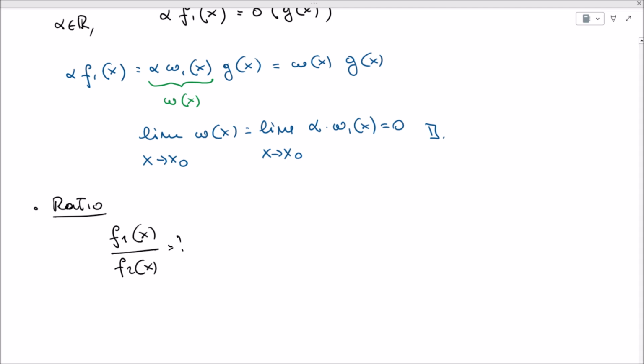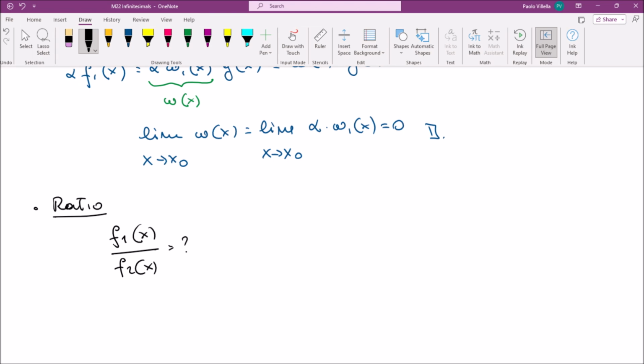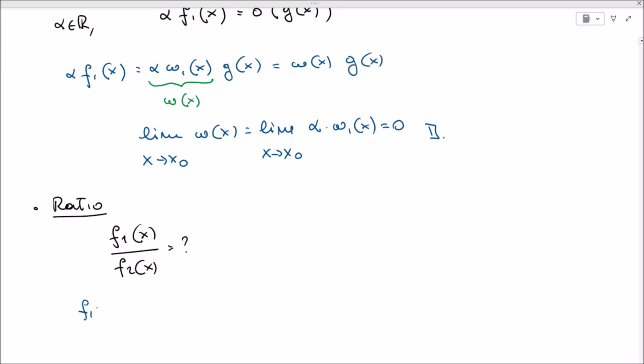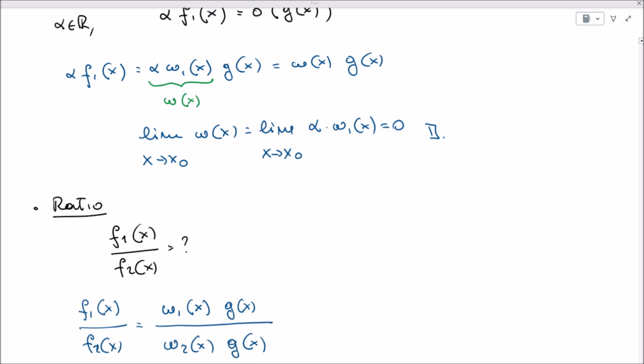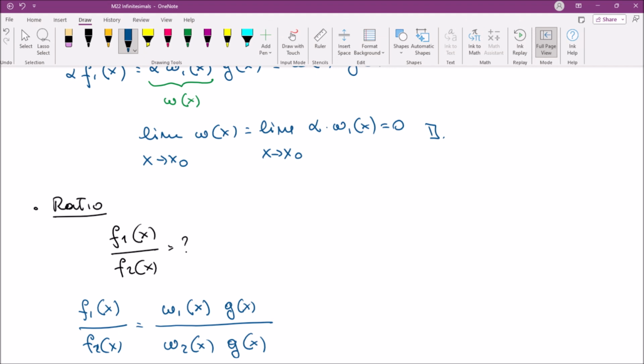Well, if we take this ratio, let's suppose that we write f1 of x divided by f2 of x by just replacing the expression that we have from the definition. So we have omega 1 of x times g of x, then we have omega 2 of x times g of x. Well, clearly the two g of x will cancel.